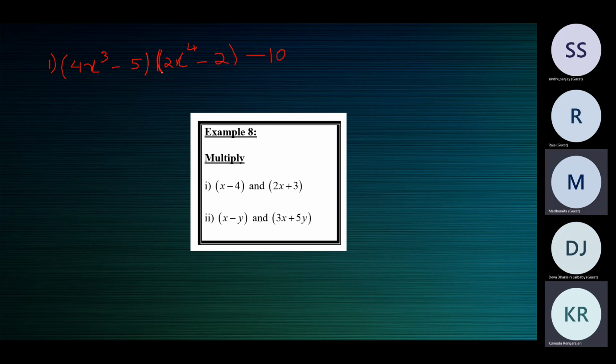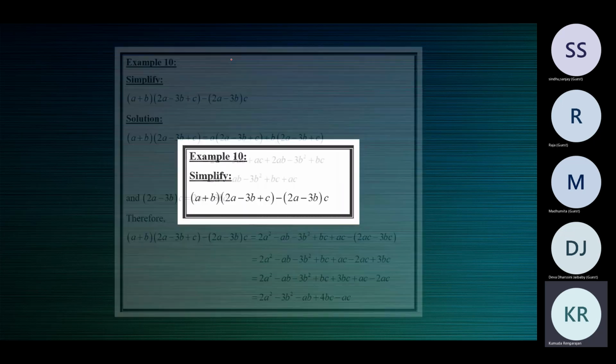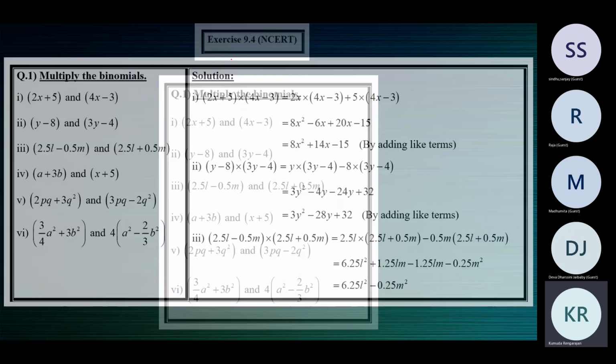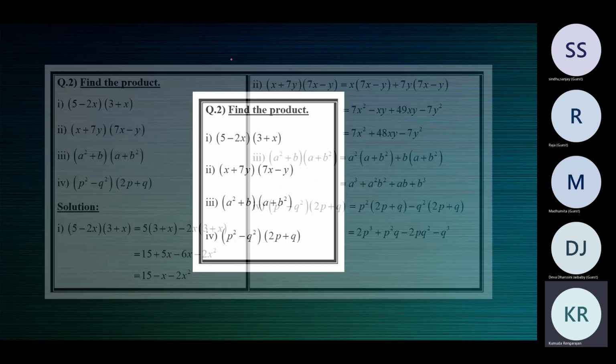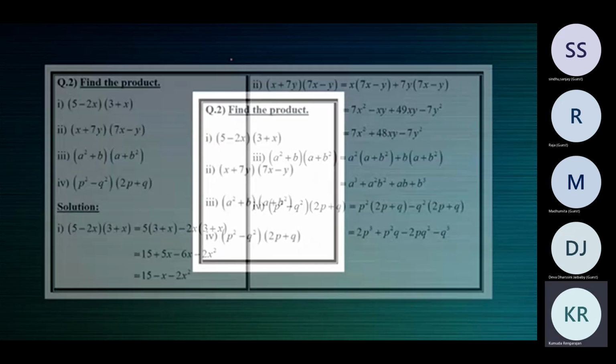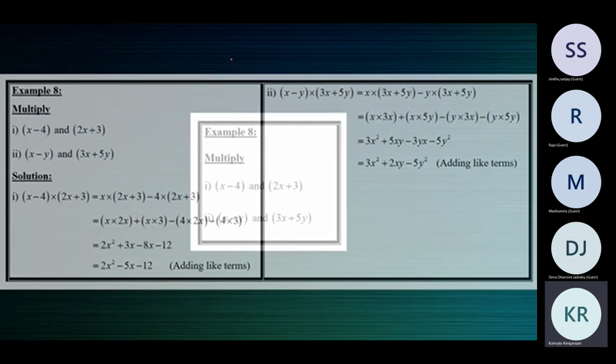Ma'am, I've already written this in my note before example 9, ma'am. Same thing, no? It's a coincidence then. Where is it? The question is not that. I just created it now. Now work this, children.